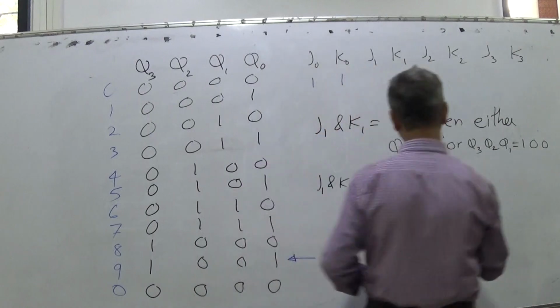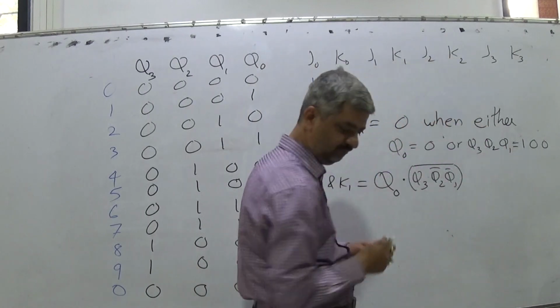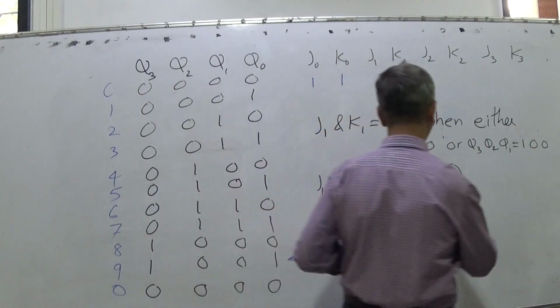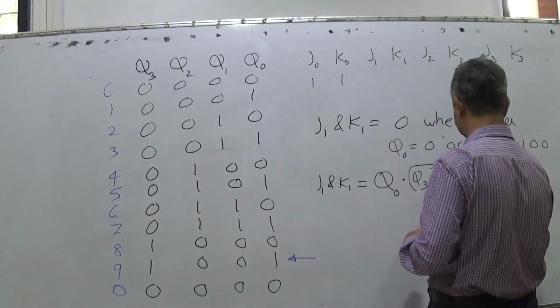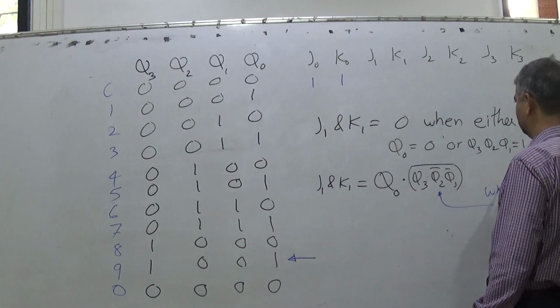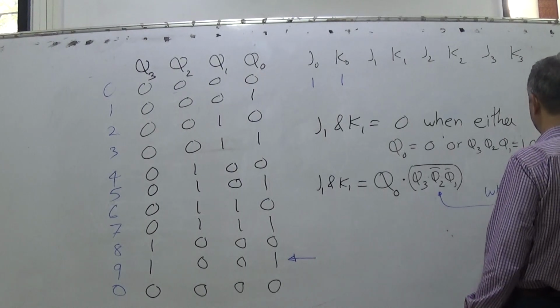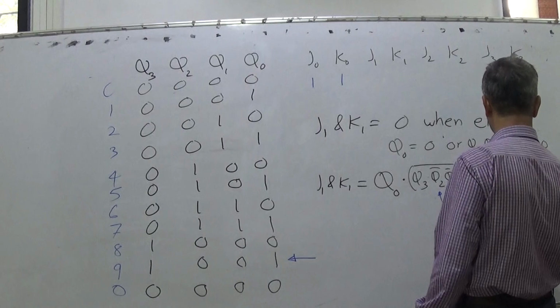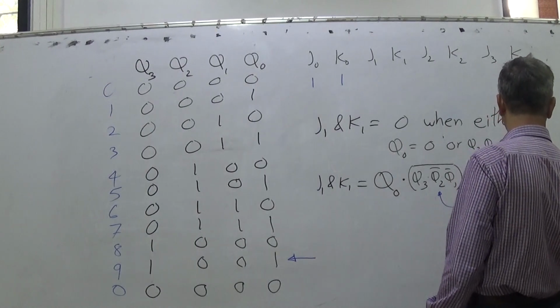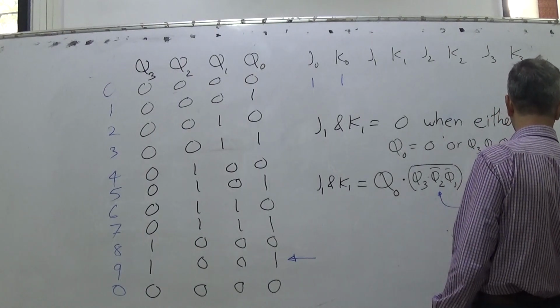So this becomes 0 when Q3, Q2, Q1 are 1 0 0.